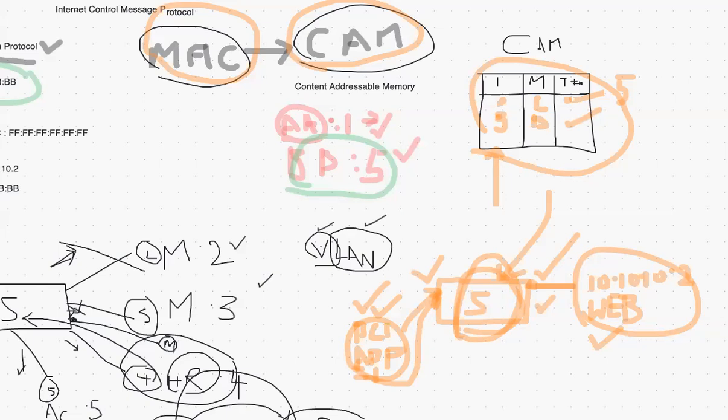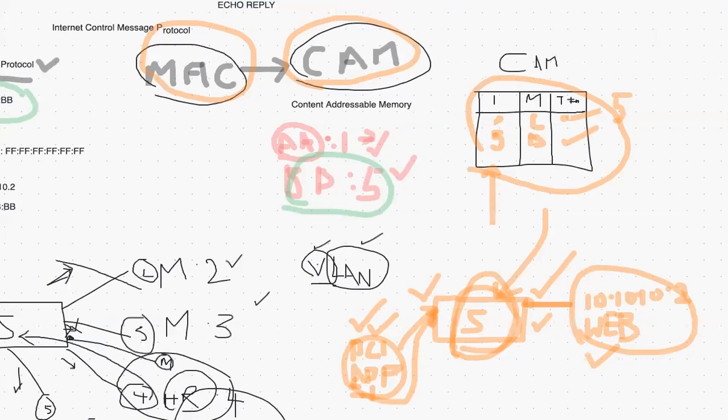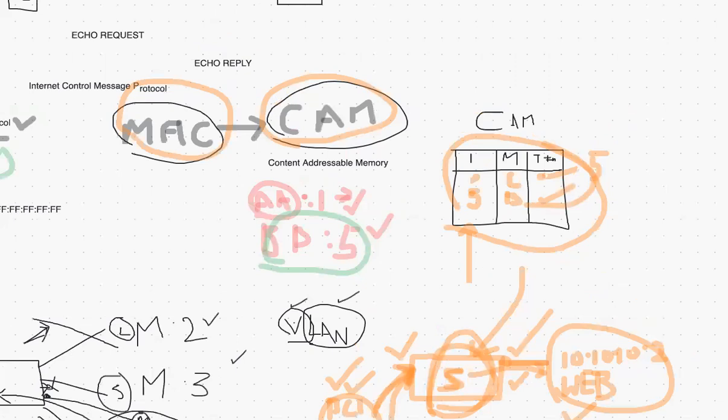No, we check the MAC address, right? So PC1 sent the first frame, the switch got it. Okay. But the switch cannot send it to the web server. What might be the problem? Maybe the host is down or it didn't get the echo reply. If the host is down, why would it learn the MAC address?